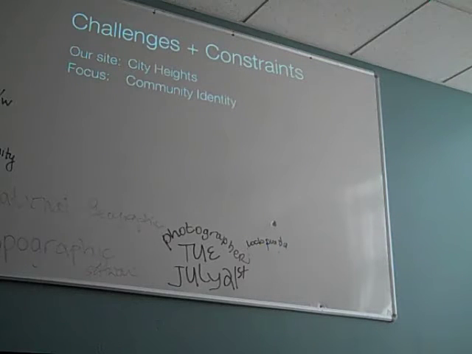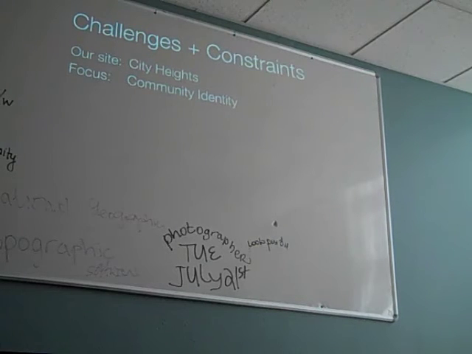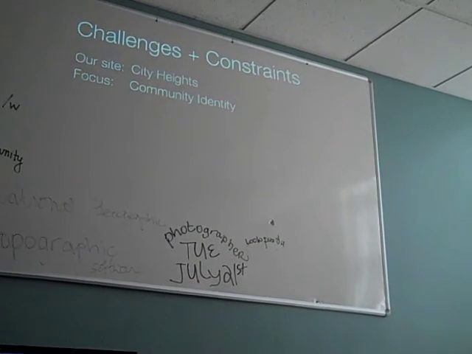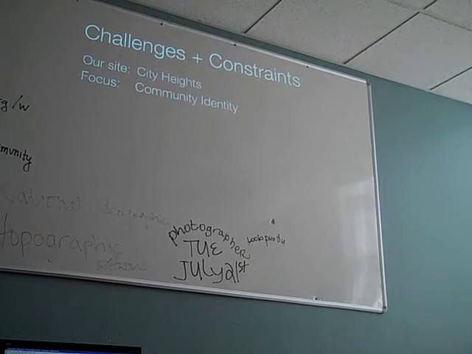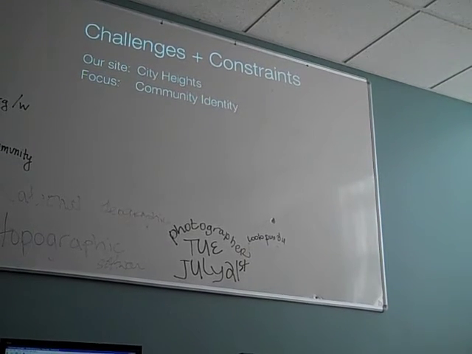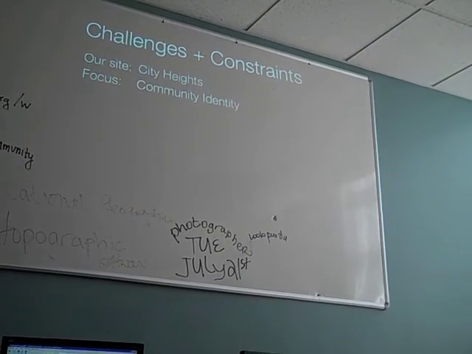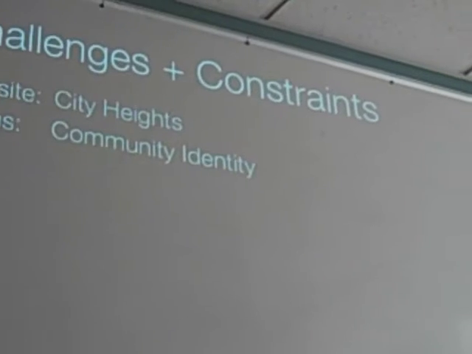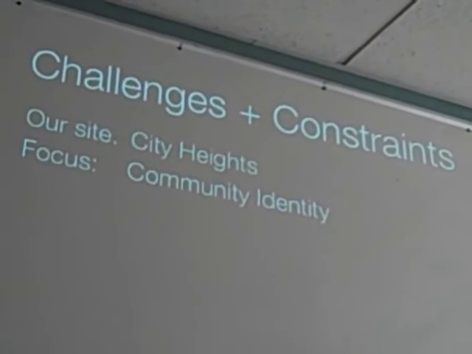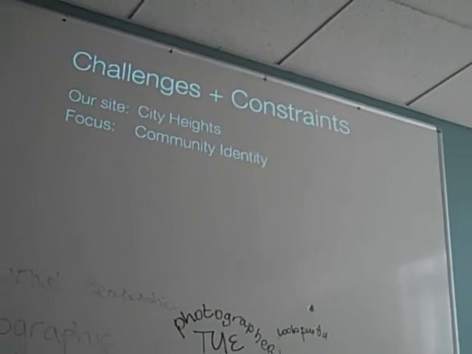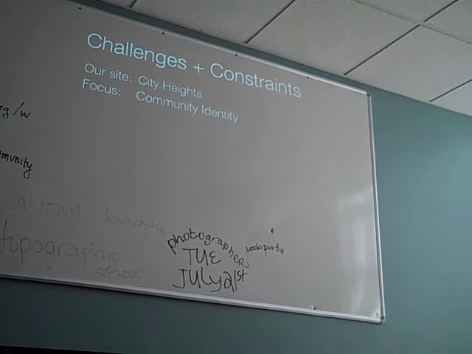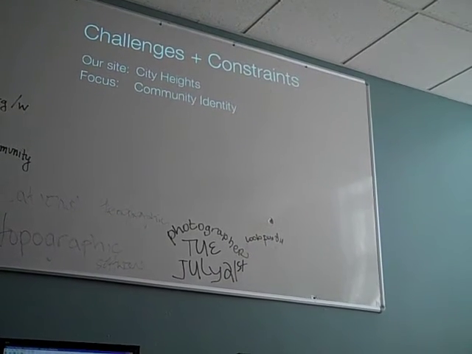Here, I already mentioned this before, but just in writing, the challenges and constraints are the location, City Heights, and really we want the focus to be around community identity. So whether it be you and how you see yourself in City Heights, or other people, the way you see people fitting into the city, the way they melt into the city, the way they blend into it, what stands out to you, what seems very particular to this place, is it missing something, does something need to be added?